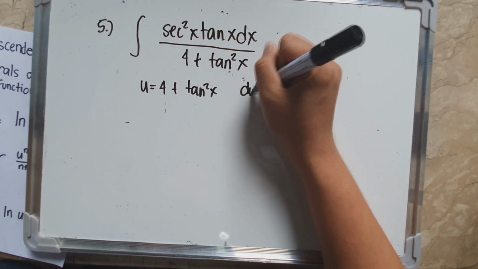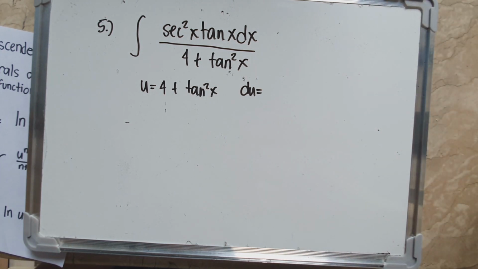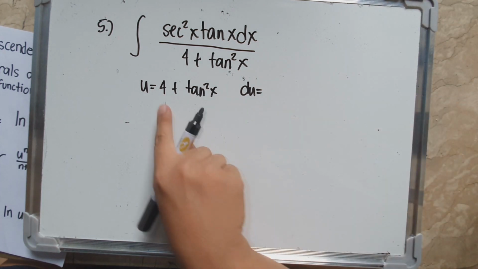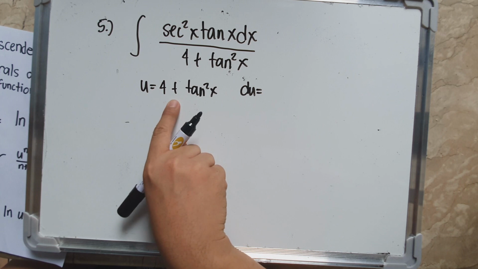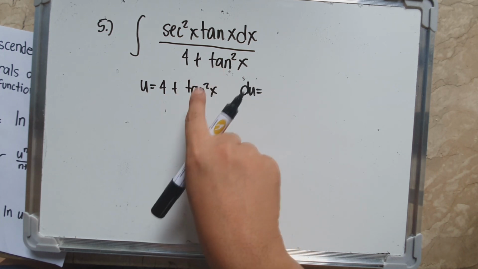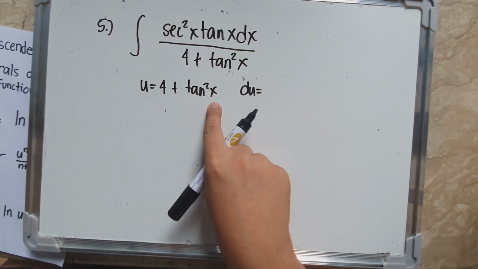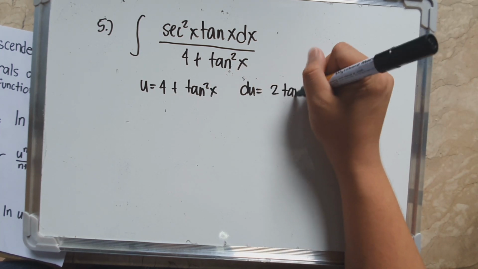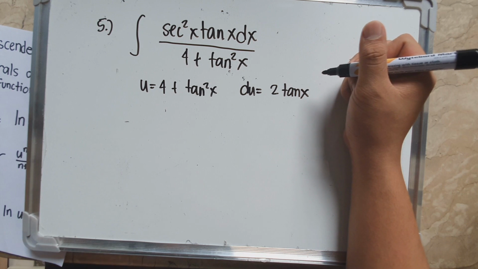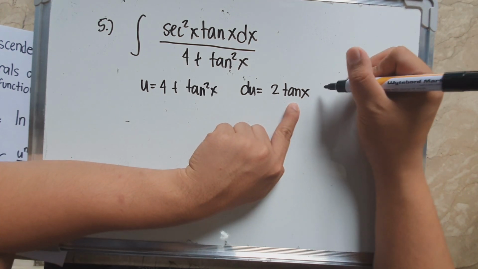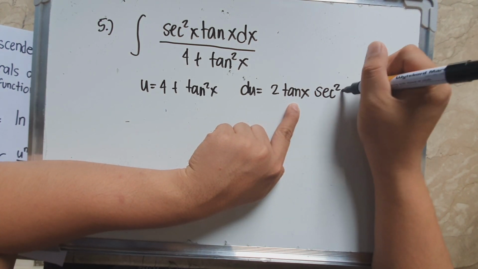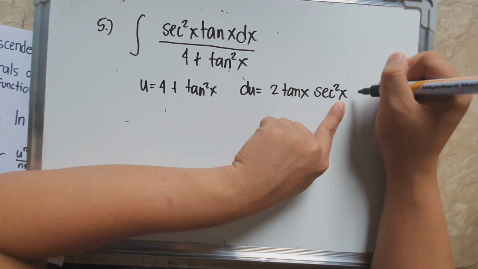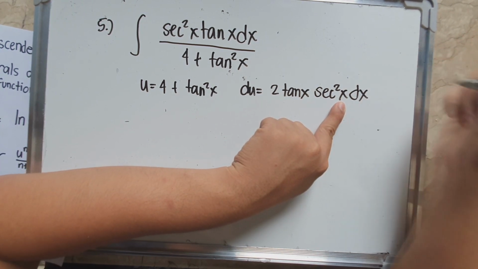What is the derivative of our u? The derivative of 4 is 0. The derivative of tangent squared, power rule, we bring 2 forward. 2 tangent x. The derivative of tangent x, that is secant squared x. The derivative of x, which is dx.